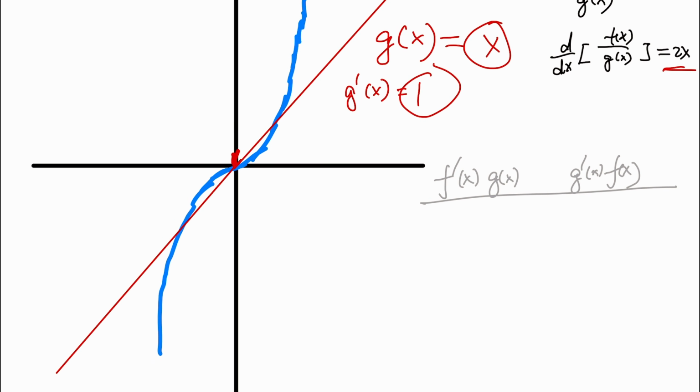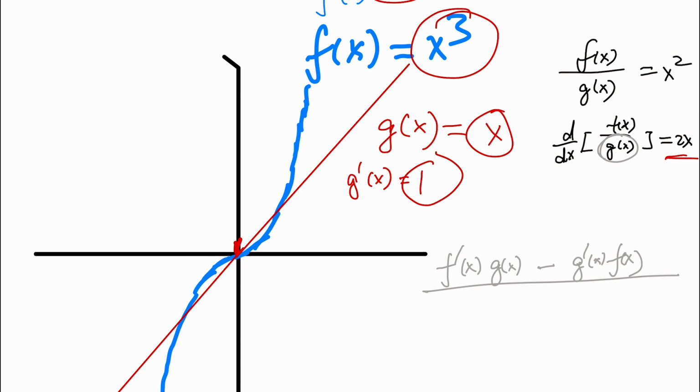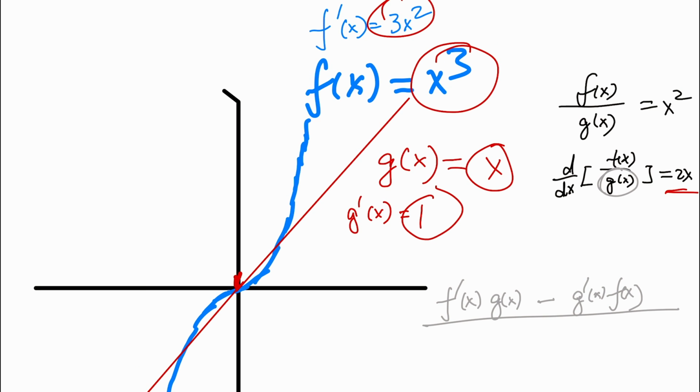The denominator function is actually going to have a derivative of negative. So like this. So if we have this, then let's calculate our function above. So f prime of x times g of x is simply equal to 3x squared minus g prime of x f of x. So that is x cubed.